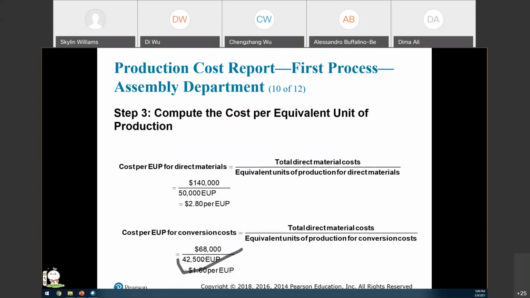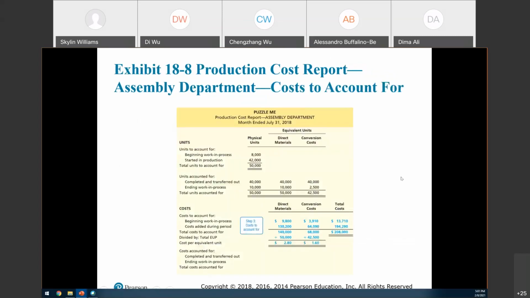The slide is correct. You don't need to make changes here. It is $1.60. I mean the EUP for conversion cost is 42,500. Well, this is the third step to calculate the unit cost.